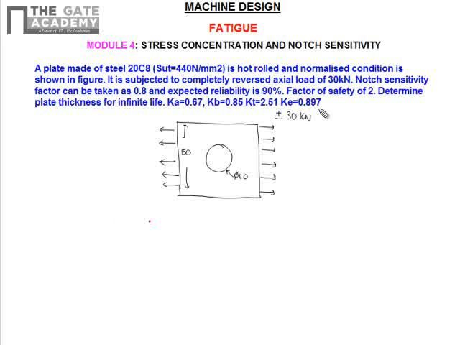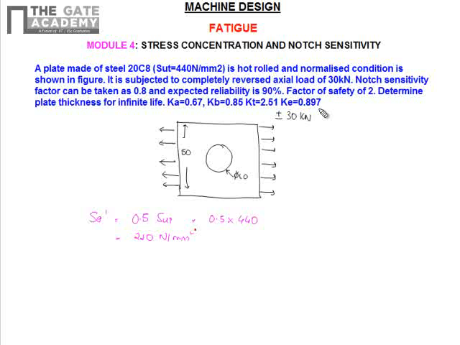Now first of all, since they have asked for infinite life design, we should know what is the endurance limit of the material. So Se dash is given as 0.5 times Sut, that will be equal to 0.5 times 440, that is nothing but 220 Newton per mm square. This is the laboratory value of the endurance limit.